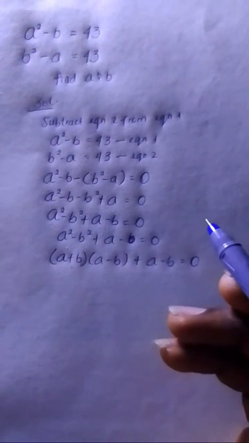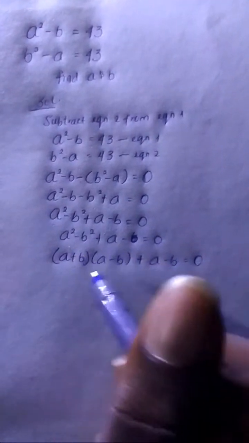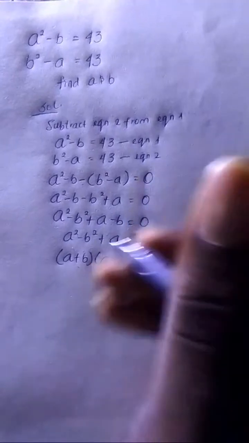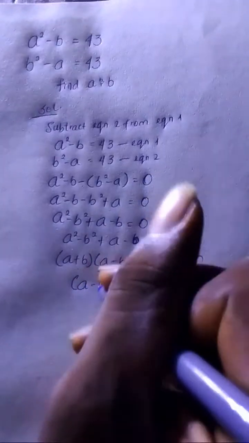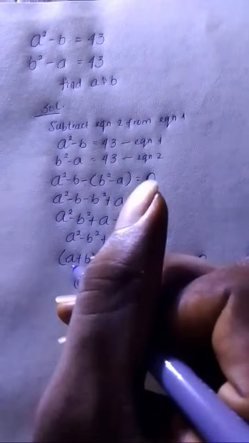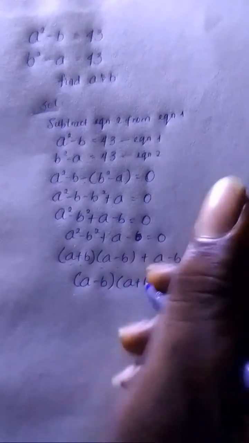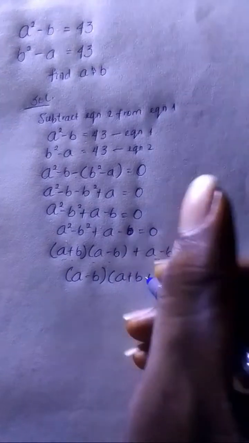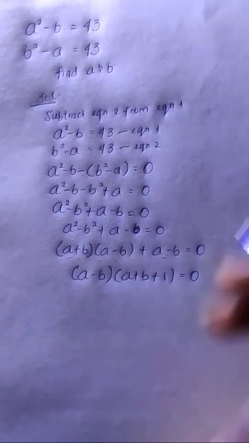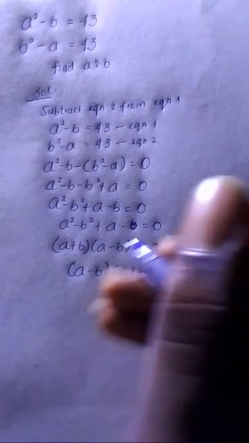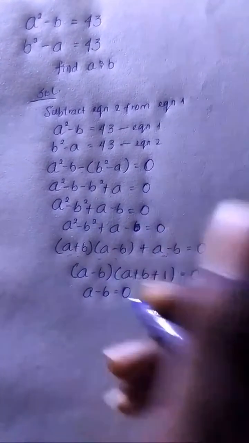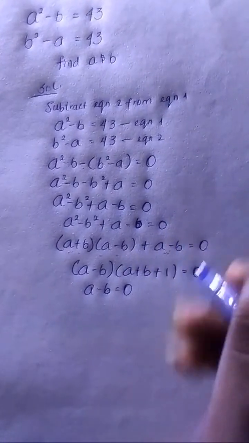We can see that a minus b is common in both places. When we factorize a minus b out, from the first term it gives us a plus b, and from the second it gives us plus 1, equals 0, right? So we have a minus b equals 0. We equate each bracket to 0.